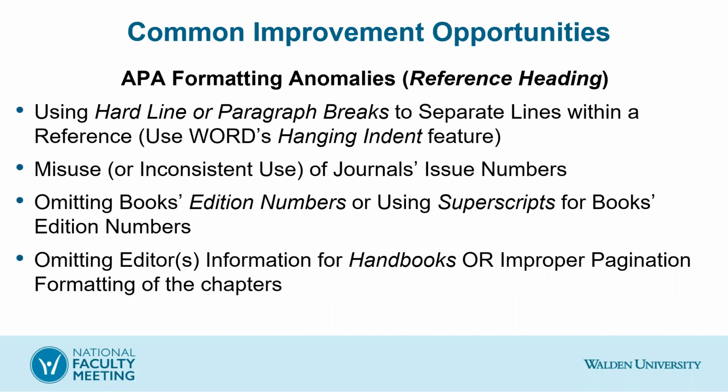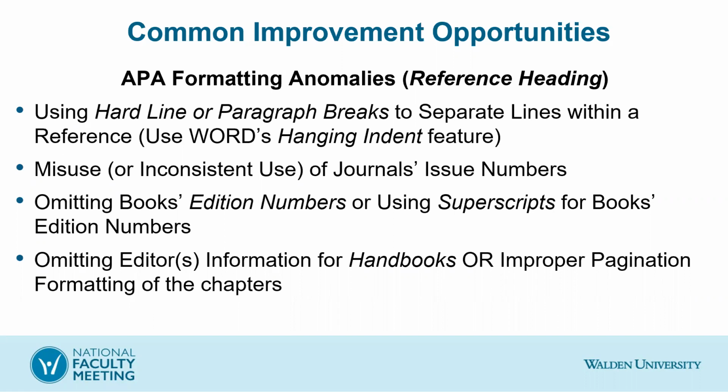For books, a common improvement opportunity is omitting edition numbers for books, or using superscripts for book edition numbers. We don't use superscripts. For example, if you're using the 6th edition, you just use "th" and do not use it as a superscript.